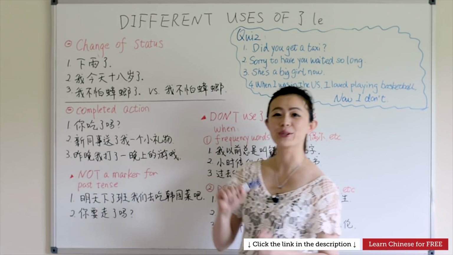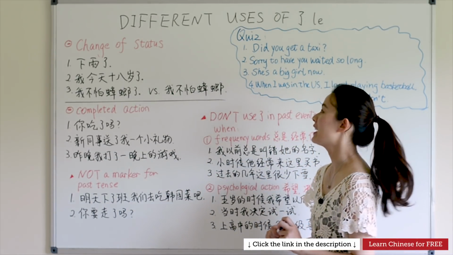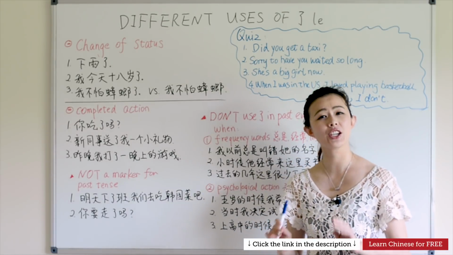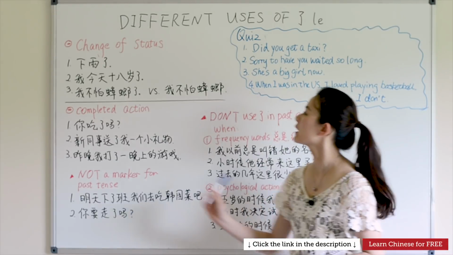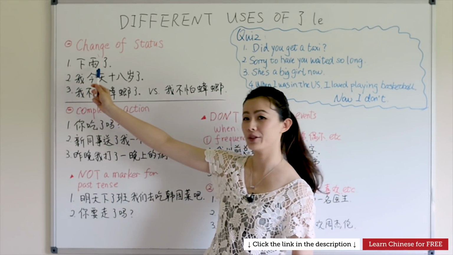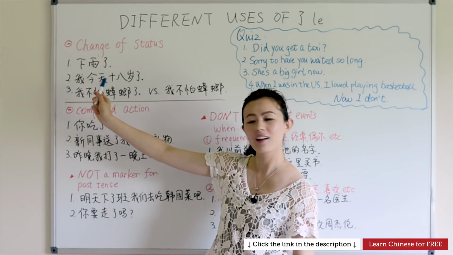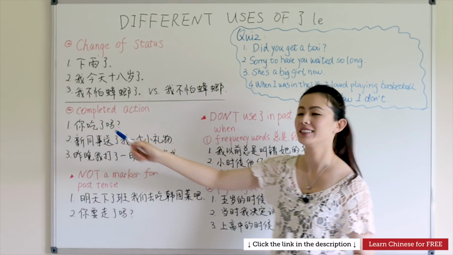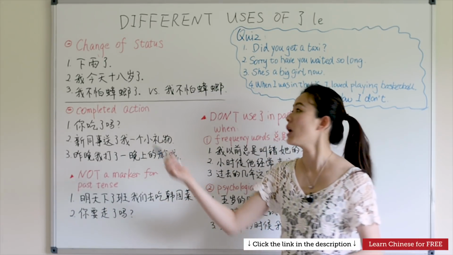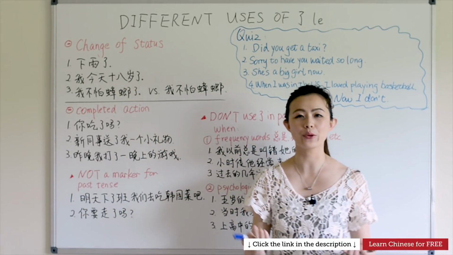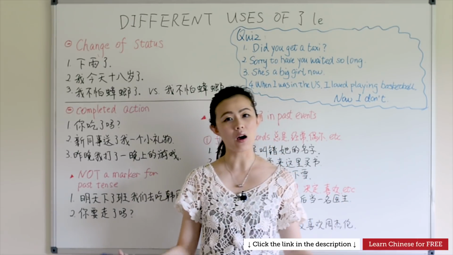Okay, the first use I'd like to introduce is that le can indicate change of status. What does that mean? Let's look at some examples. The first one, very simple, 下雨了. 下雨 is a verb meaning to rain, and when you put a le after 下雨, it means it's raining now.